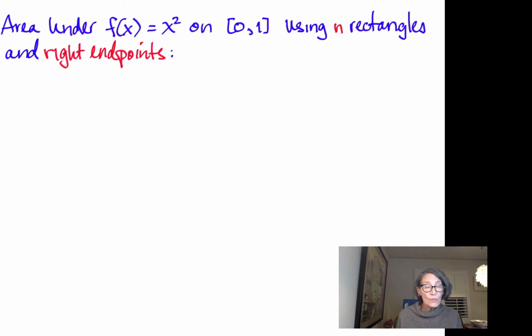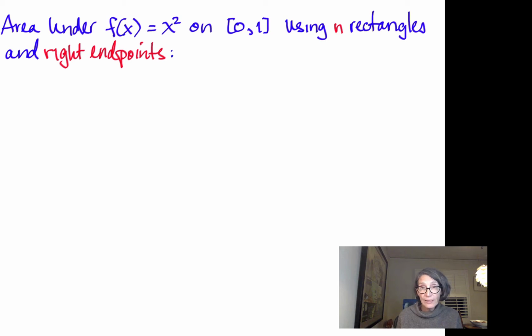And we noticed that when we took more rectangles, we got a better approximation. And so we kind of narrowed down the interval for the area. So once we get a formula for the approximation using n rectangles, we're going to take the limit as the number of rectangles goes off to infinity, because that should give us the exact area.